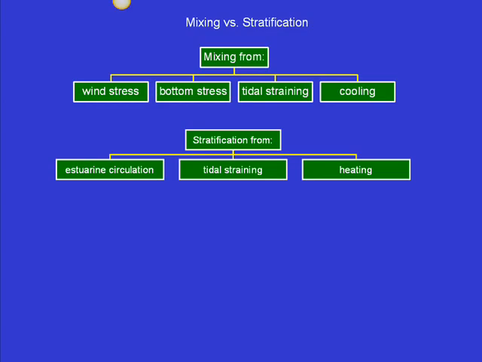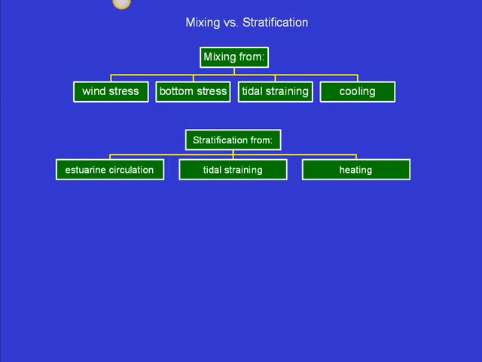Any other mechanisms that may produce stratification or mixing that we haven't considered here that you can think of? What other mechanisms add buoyancy to the water column, for example? Think of the higher latitudes, what happens when the ice melts? When ice melts in Antarctica or in the Arctic, that adds buoyancy. Right? So melting is something that we're not considering there.